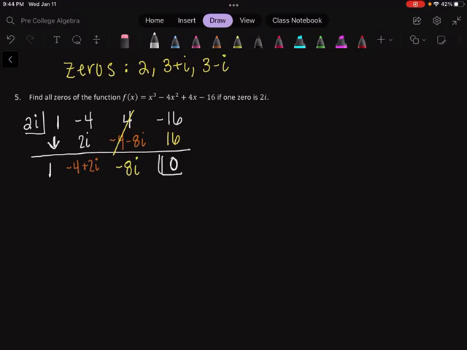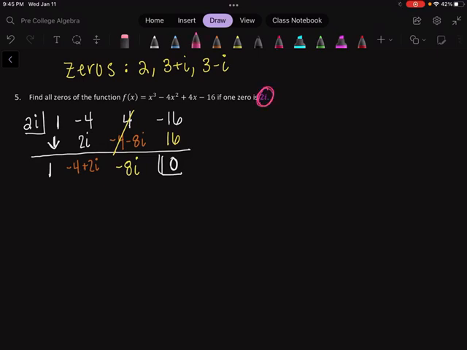But now it's like, I can't make a quadratic out of that. But what I can do is synthetically divide still by this conjugate.